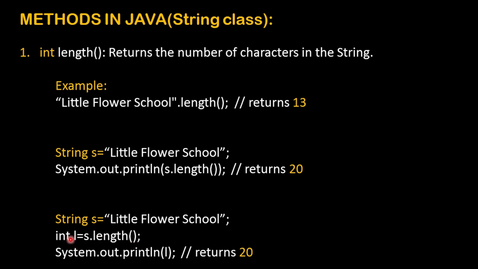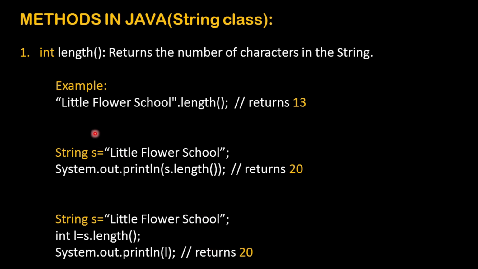I have stored the value that is returned by this call. s means our string little flower school, so little flower school dot length, that is 20. That 20 will be stored in l, and when you print that l with System.out.println, it displays that value.